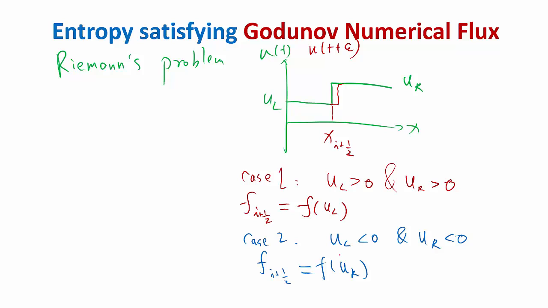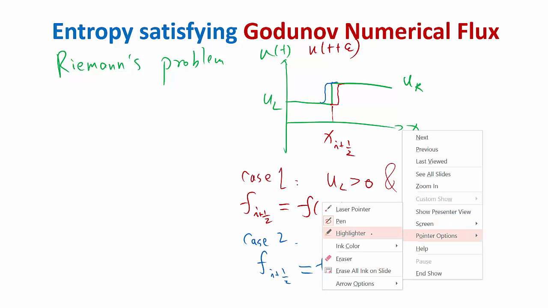So let's stick to the Burgers equation and generalize later on. So the solution here, after a while, is going to be UR, and I should be looking at f of UR.